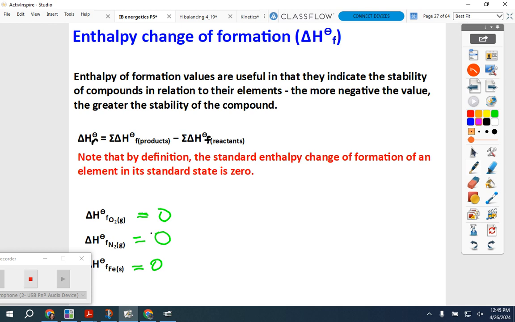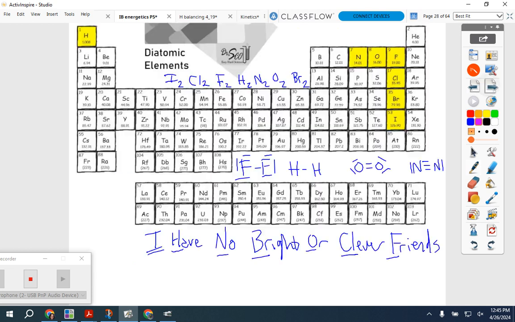And if you don't remember which ones are your diatomic elements, this is the mnemonic that we like to use, which of course is completely false. However, I have no bright or clever friends. Iodine, hydrogen, nitrogen, bromine, oxygen, chlorine, fluorine. So if you can remember, I have no bright or clever friends, you've got your diatomics.